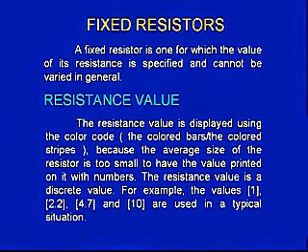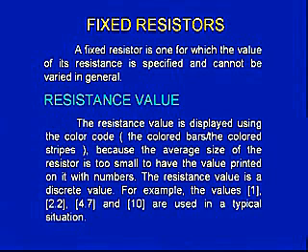The resistance value is displayed using a color code or a color bar, as the case may be, because the average size of a resistor is too small for the actual numbers to be printed on them, and therefore, we use different color codes which are actually rings of colors having different numbers as codes.